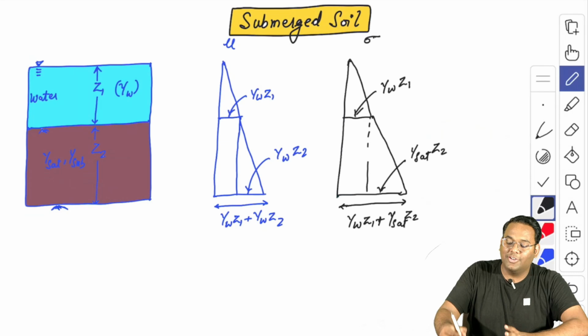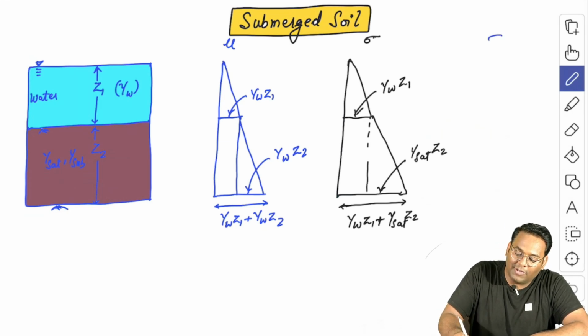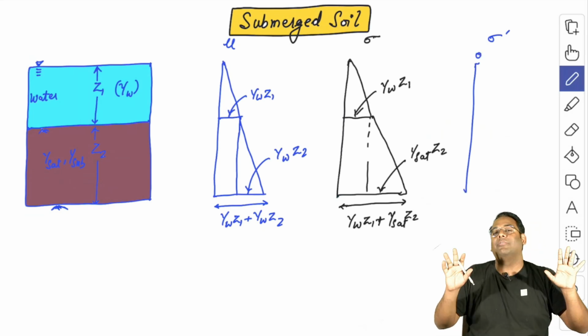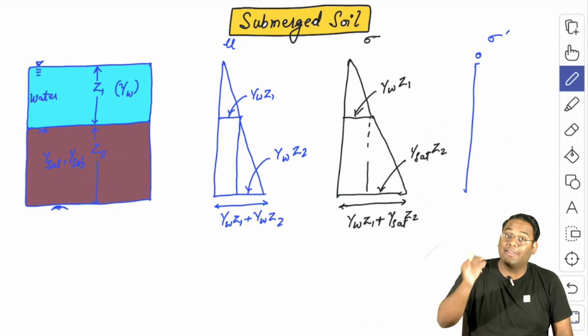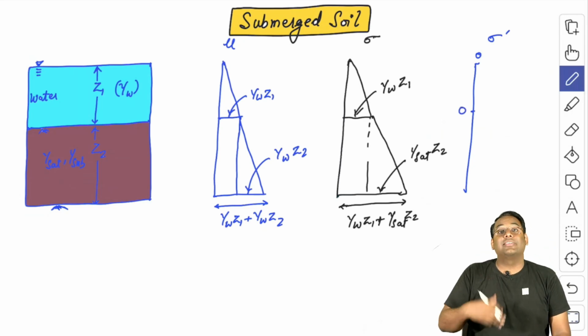Now if I ask you what the effective stress will be, you can see that at the top the effective stress will be 0, and it will remain 0 up to this depth. Because what is effective stress?